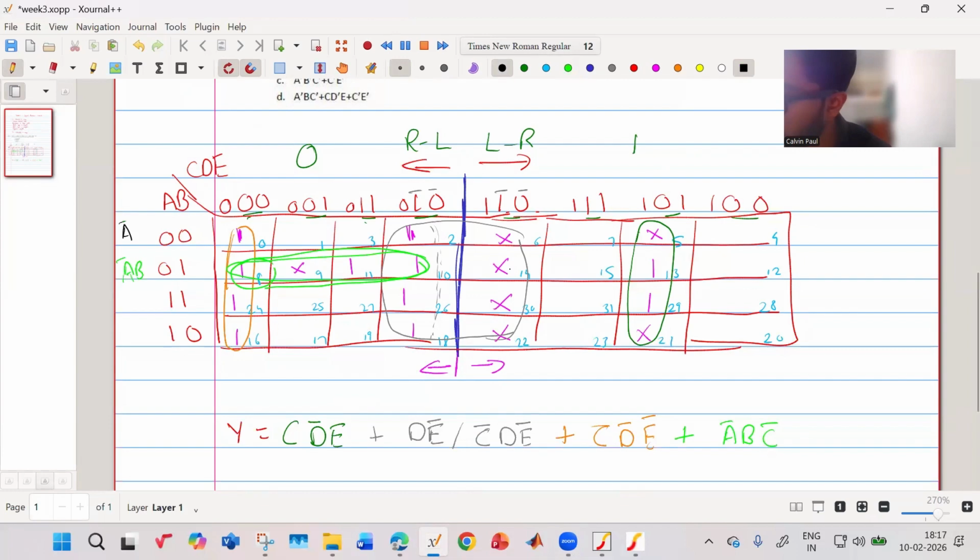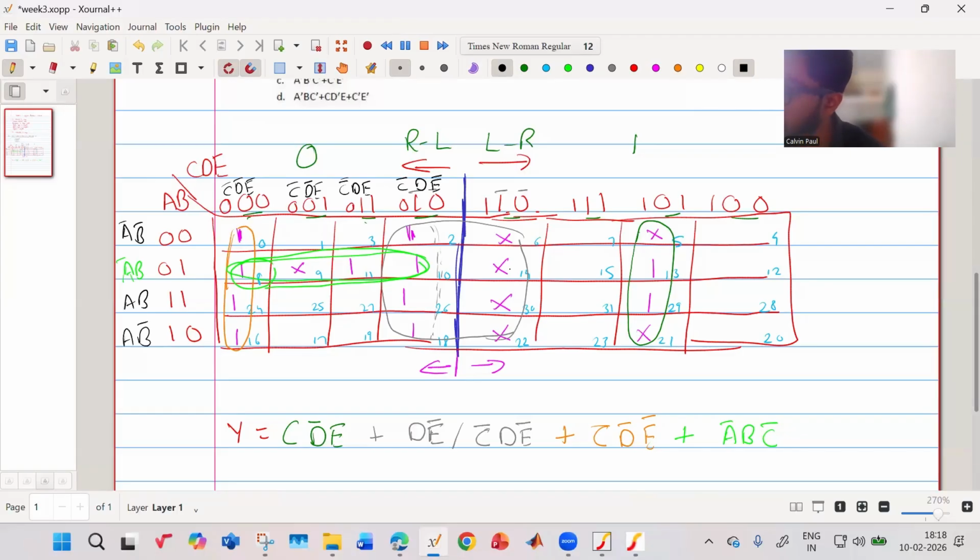So this is actually your A bar B bar, this is A bar B, this is A B, and this is A B bar. This is what your C bar D bar E bar, C bar D E, C bar D E, this is C bar D bar E, and this is C bar D and E bar.